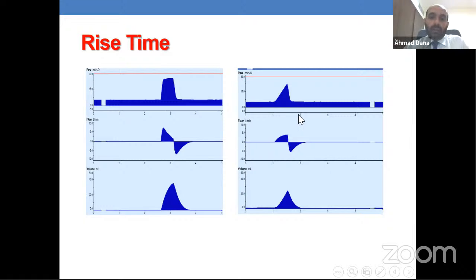If you don't have air inside, it will not generate pressure, so it will appear like this. There is no air to get the pressure in. So this is another way to see it. If you have a triangular shape in this waveform, which we call the pressure waveform, this means either a very slow rise time, or it can be low flow.